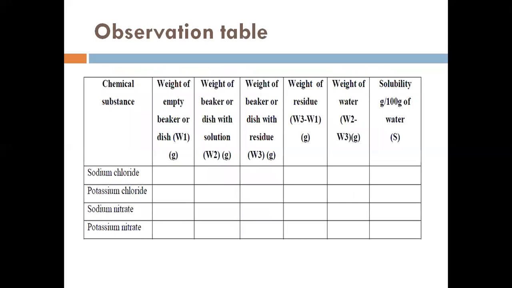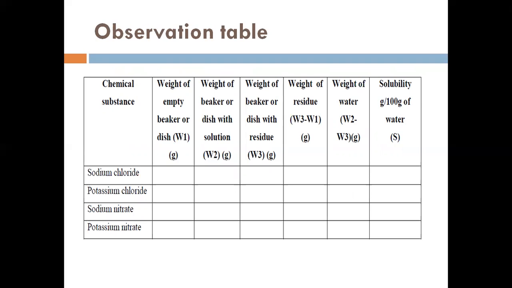During this procedure, you have to make some observations: weight of empty beaker or dish, that is W1 in grams, weight of beaker or dish with solution, that is W2 in grams, weight of beaker or dish with residue, that is W3 in grams.